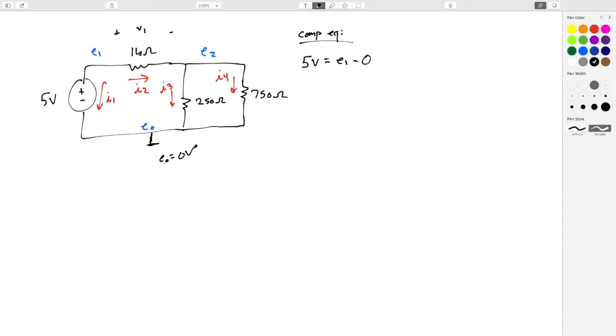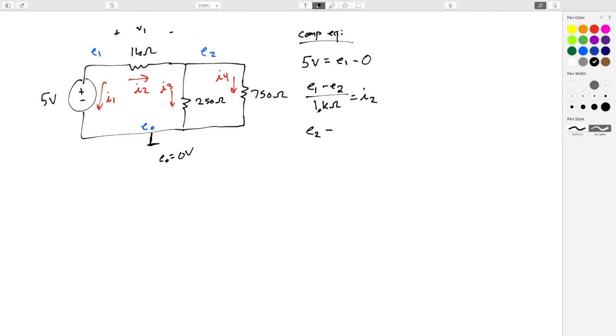The 1 kilo ohm resistor is going to be saying (E1 minus E2) over 1 kilo ohm equals I2. Our 250 ohm resistor, we can do the same thing.